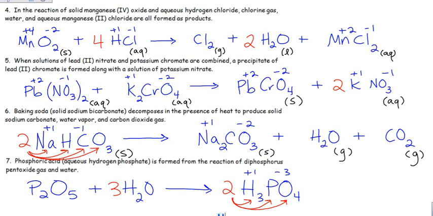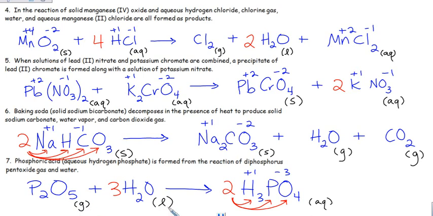The phosphoric acid is aqueous hydrogen phosphate. It's formed from the reaction of, so here are my reactants, diphosphorus pentoxide gas and water. Which again, if we're not told otherwise, we'll use water as a liquid.